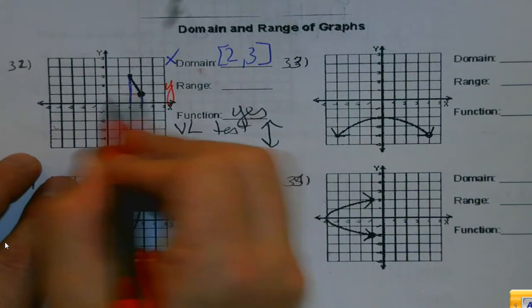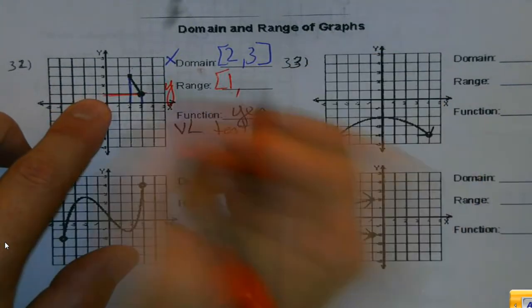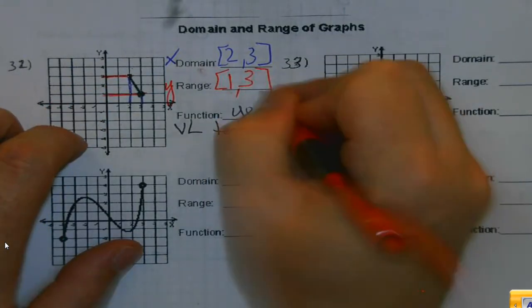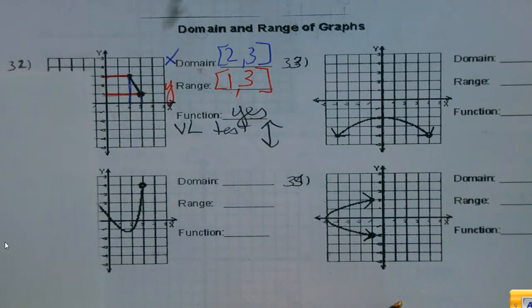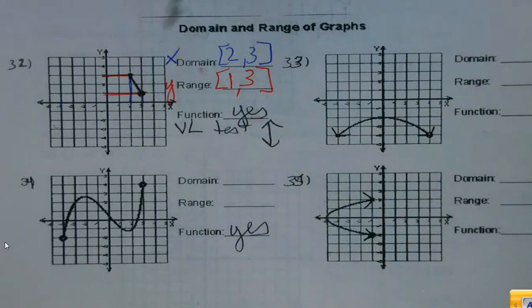Bottom. Again, going to the y-axis. 1 to the top point. Y value. 3. Same deal. 1 point, looking good. Okay. Domain.